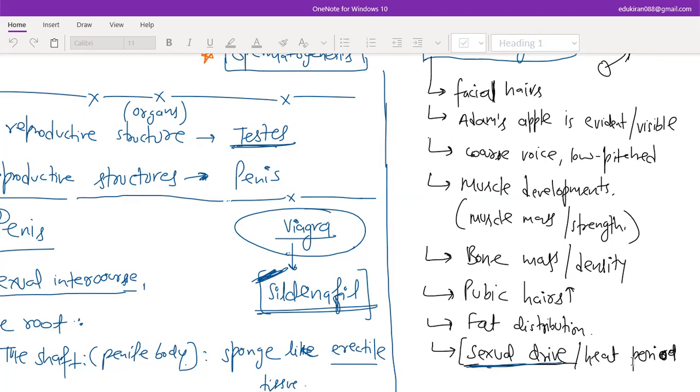I'm saying that organisms are seasonal breeders where they only lay eggs or give birth to babies during a season. They do not give birth throughout the year.